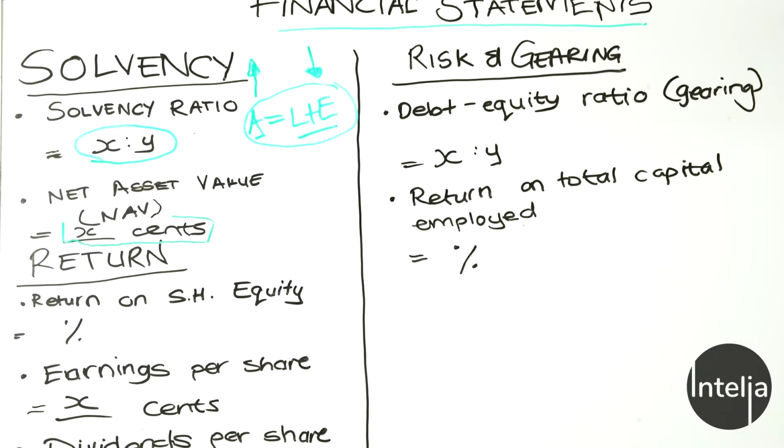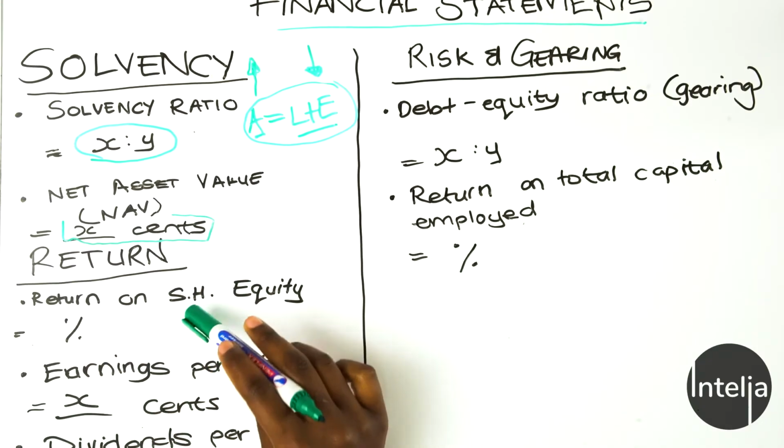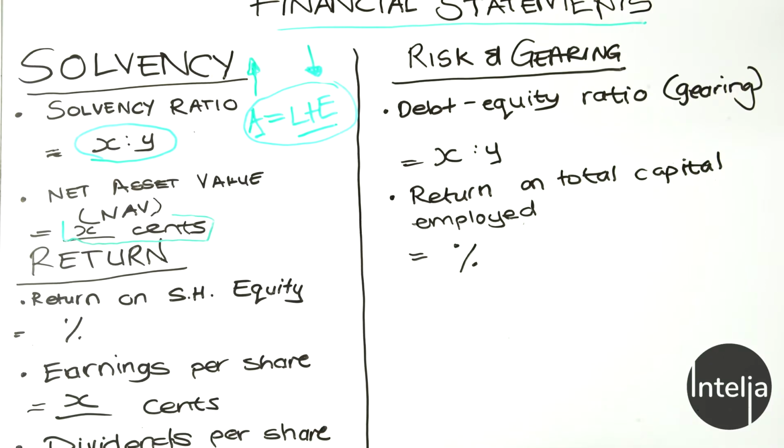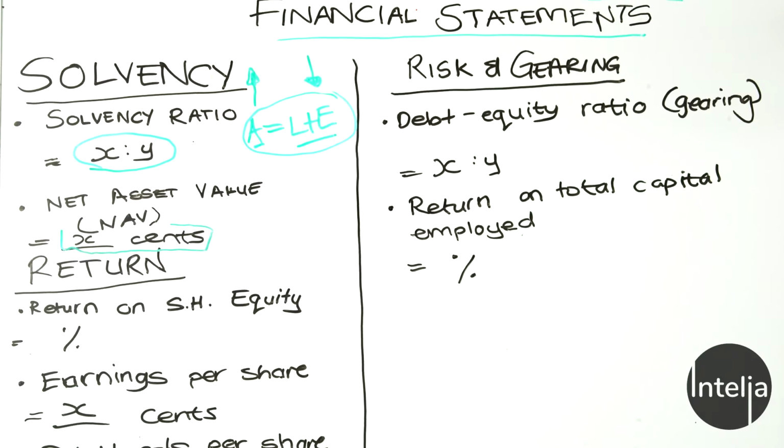So let's move on to return, right? We're going to deal with the first indicator, which is the return on shareholders' equity. I just abbreviated that. I hope you can see that. It indicates the return that the owners have received on their investment in the business, and whether the owners should rather have invested elsewhere.